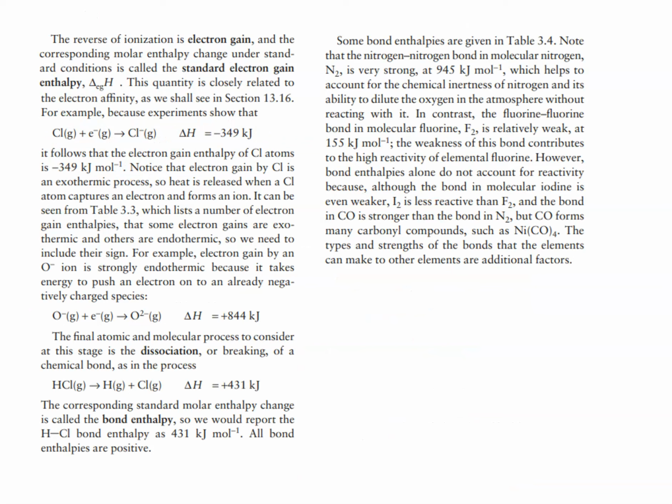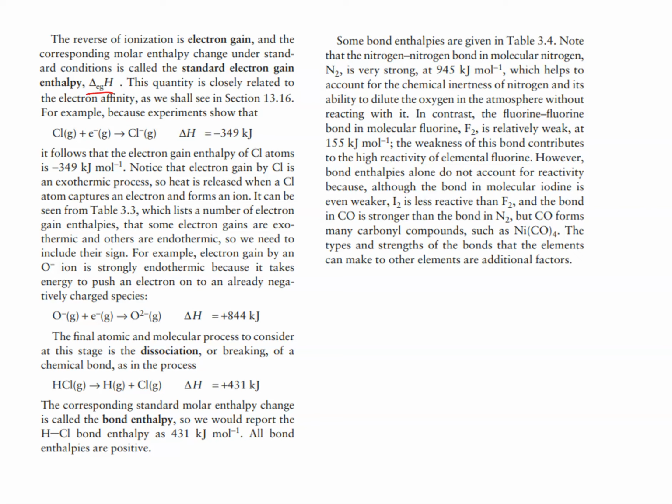So the reverse of ionization is electron gain, and the corresponding molar enthalpy change under standard conditions is called standard electron gain enthalpy, which is denoted by delta EGH. This quantity is closely related to the electron affinity, as we'll see in section 13-16.